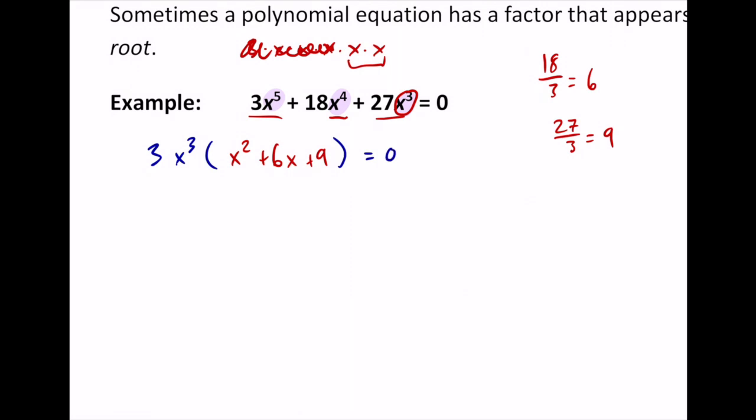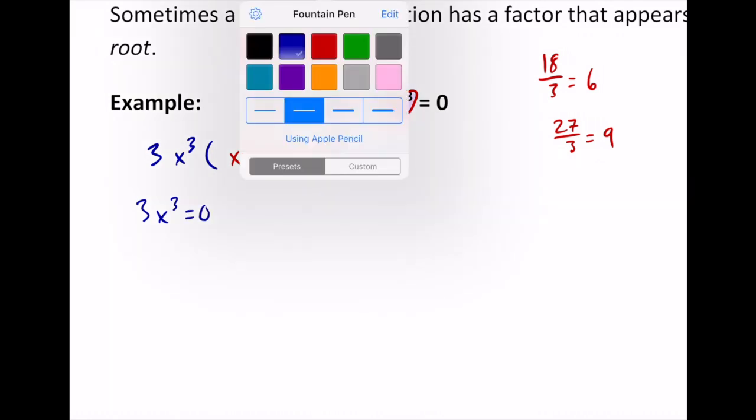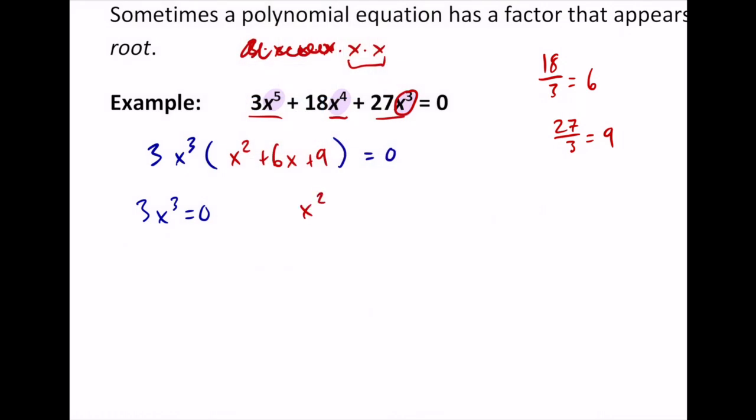Okay, let's separate this out. So we have 3x to the 3rd equals 0. Then we have x squared plus 6x plus 9 equals 0. So we want to factor this. We're going to end up with an answer with 2 parentheses.